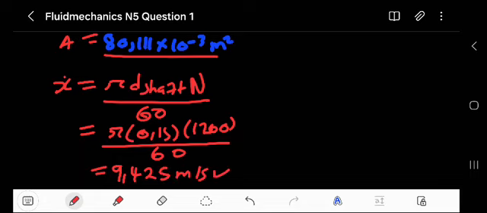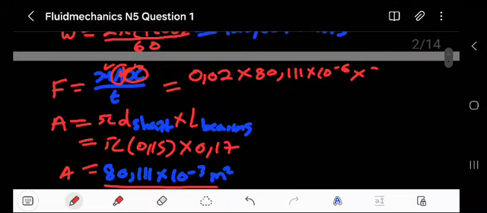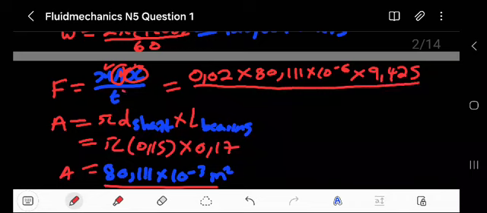So we have this, 9.425. Divide this by this t.